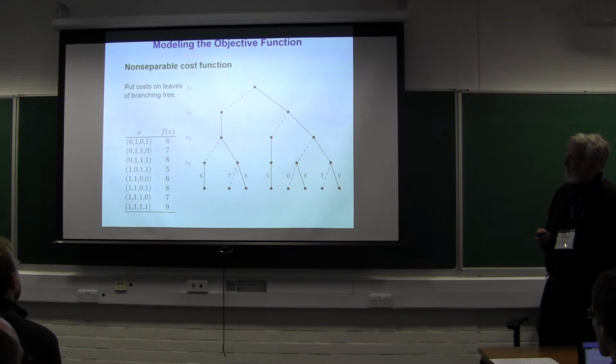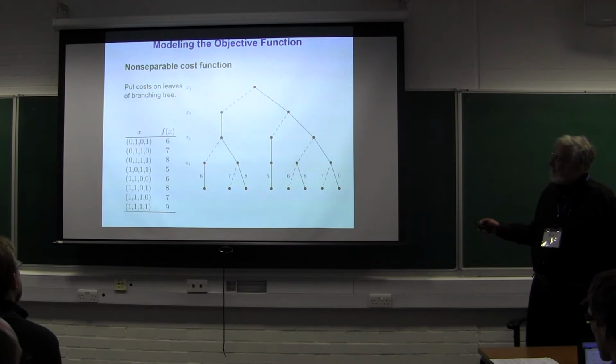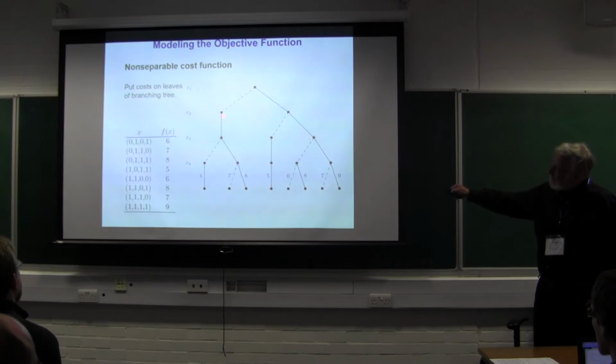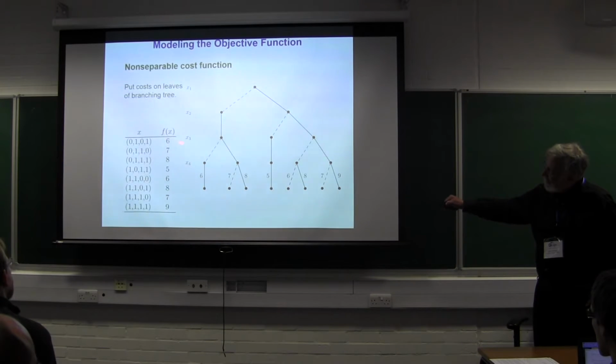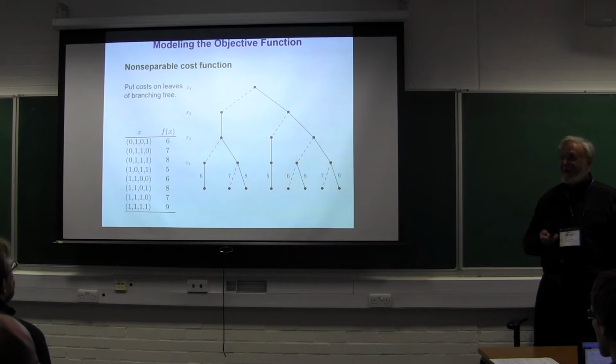Well, you do sort of the same thing I did before. You start with a tree that represents all the feasible solutions, and you put the weight of each solution on the corresponding leaf node. So if you take the solution on this path, the weight is 6. So you start with the tree.